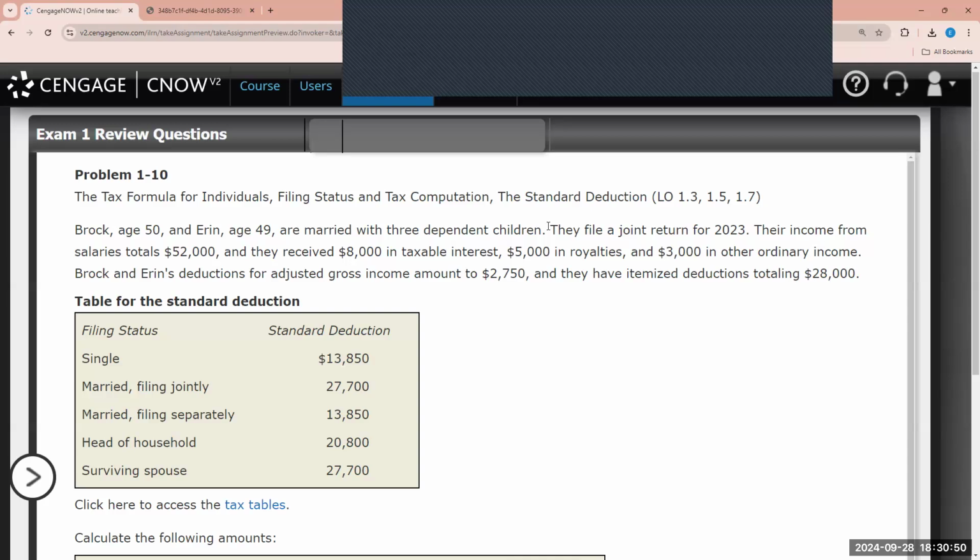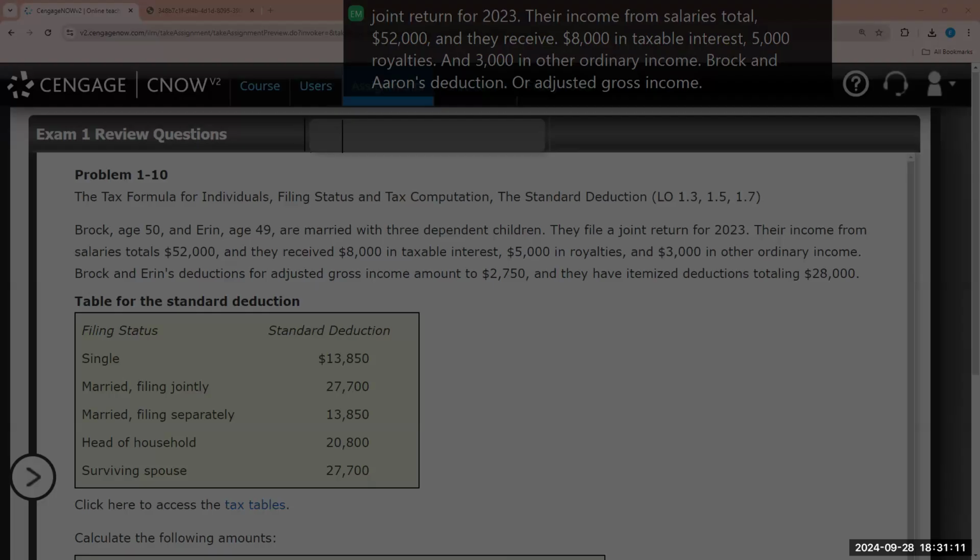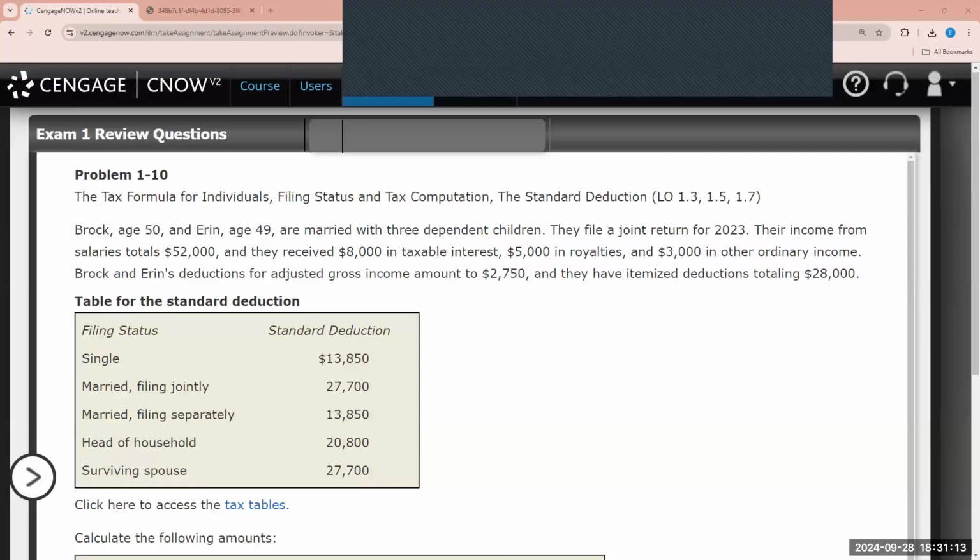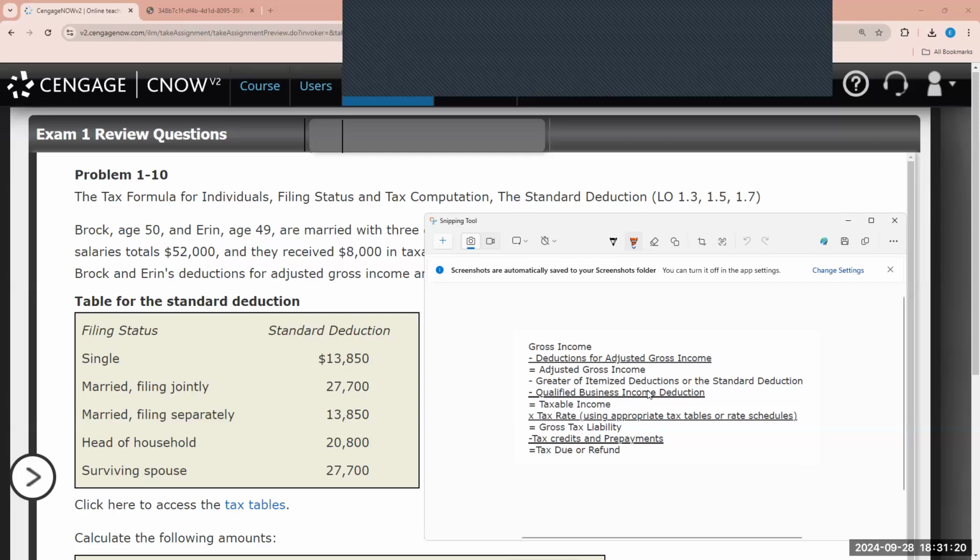Their income from salaries totals $52,000, and they receive $8,000 in taxable interest, $5,000 in royalties, and $3,000 in other ordinary income. Brock and Erin's deductions for adjusted gross income amount to $2,750, and they have itemized deductions totaling $28,000.